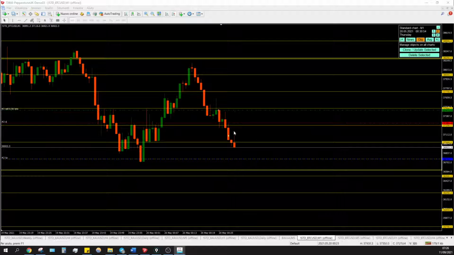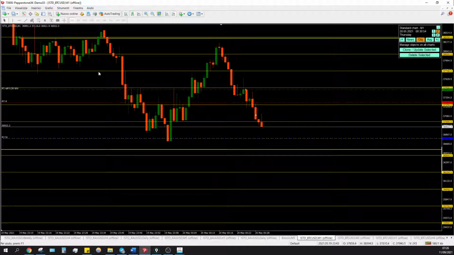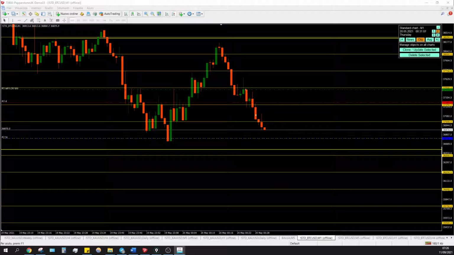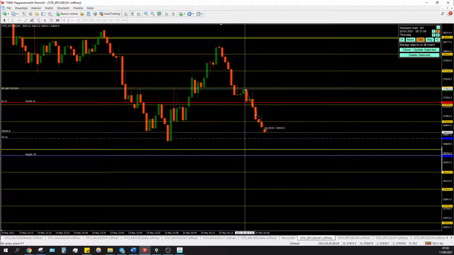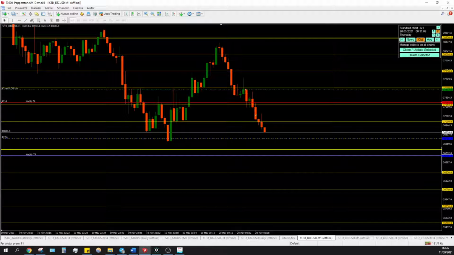But it looks like the sellers' pressure is very strong. But of course, I don't want to just get the TP. I put it at 100 pips, looks fine.